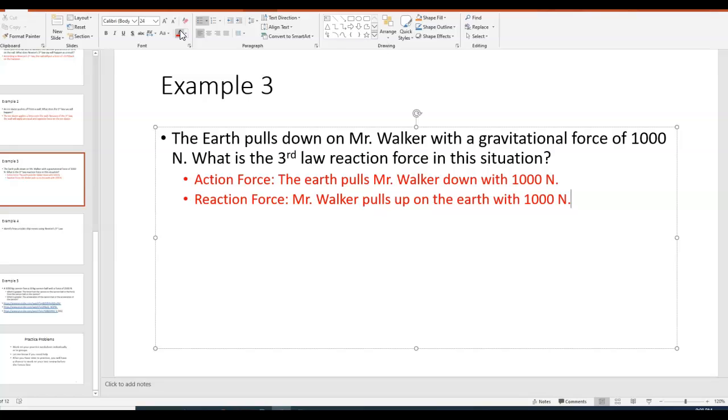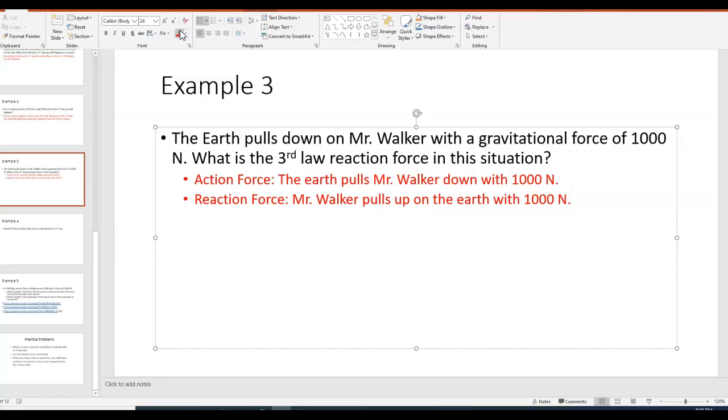Now this example always blows people's minds. Everybody always asks me, how can you pull up on the Earth? Are you pulling on a string or something? No. Your body has a gravitational force, and the gravity of your body pulls up on the Earth. A lot of people are bothered by that. They say that doesn't make sense, but they're not at all confused by the fact that the Earth pulls you down.